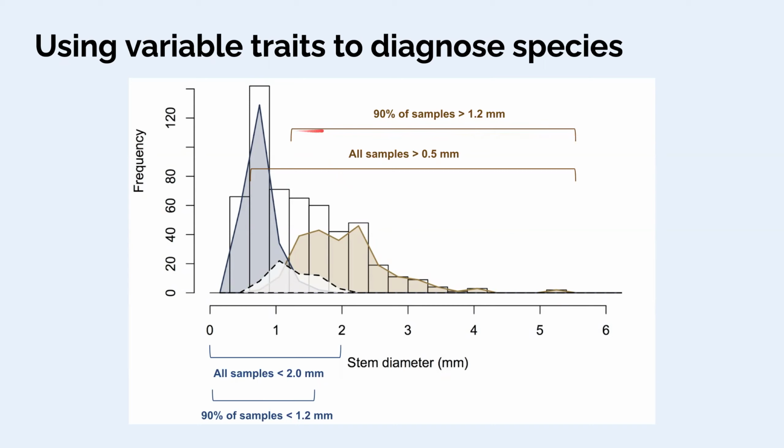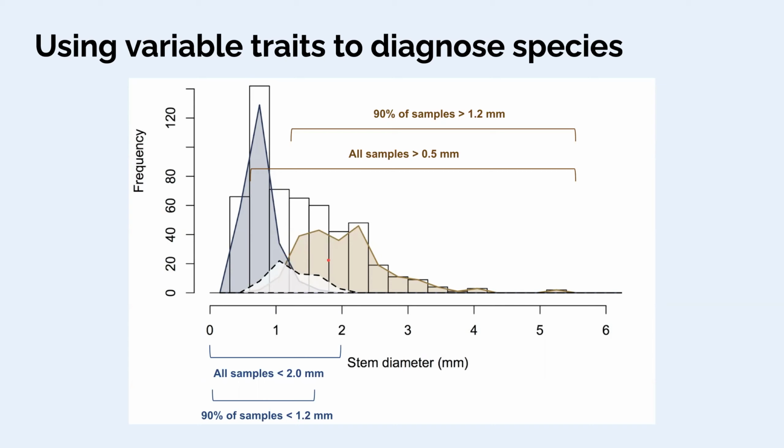This is a diameter of stem, and this brown species has 90% of its measurements greater than this. And looking at this 1.2 millimeter cutoff, you can also take that as a cutoff where it's different from the blue species. So if you break the blue species from the brown species at 1.2 millimeters, just with this one measurement, you're accounting for 90% of the blue species and 90% of the brown species.